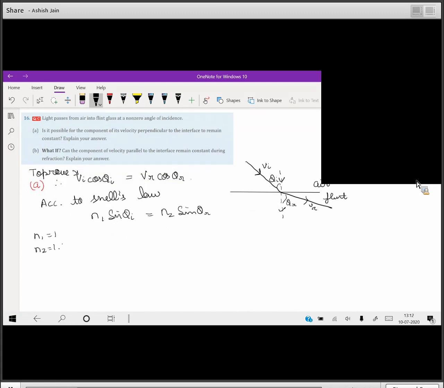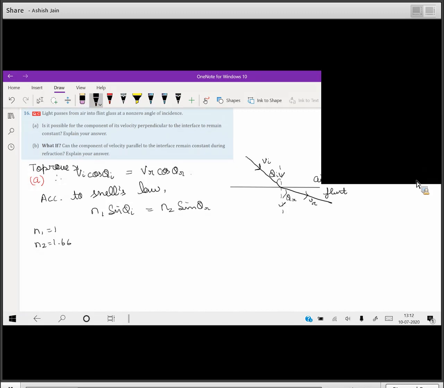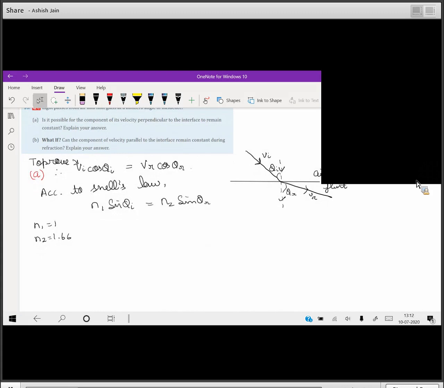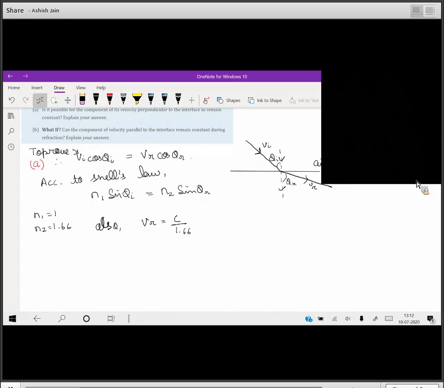The refractive index of flint glass is 1.66, general glass. And so also vr can be written as c divided by 1.66 and vi as c divided by 1.